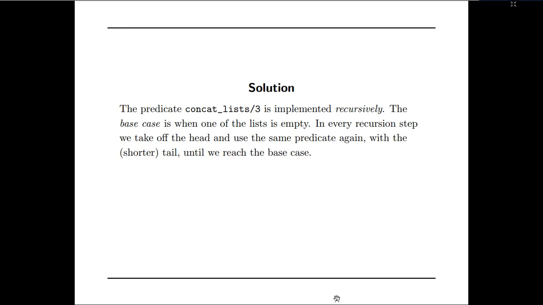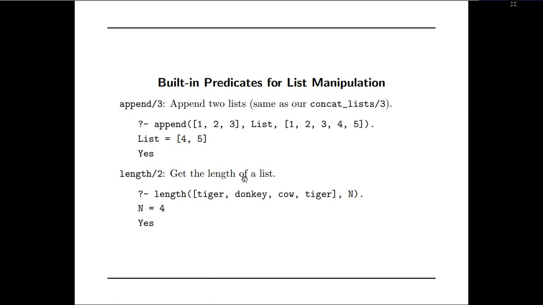So this is the way you are supposed to write the program. That means you have to define the rule so that the second list will be appended to the first list. Next, there exist some built-in predicates for list manipulation. One is append, which appends two lists, same as our concat_list/3 that we have seen previously. Append of 1, 2, 3, list, 1, 2, 3, 4, 5. Then this list will give you the elements that have been appended to the list.